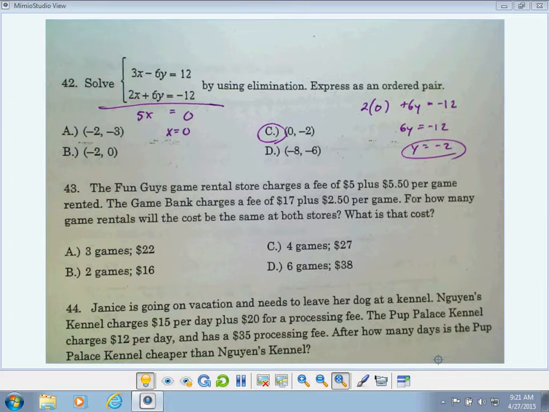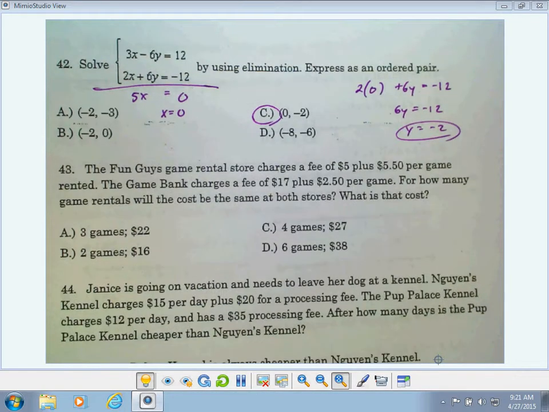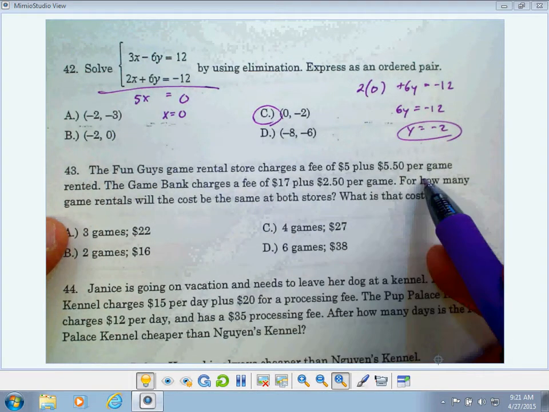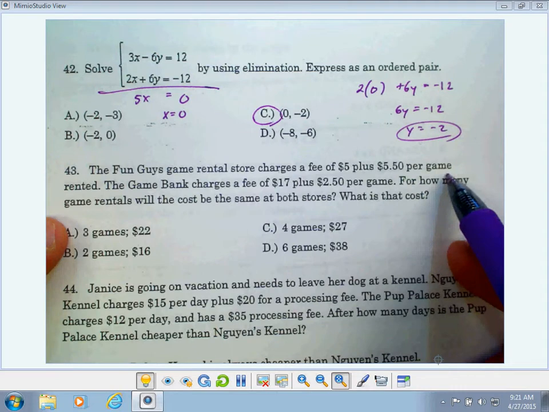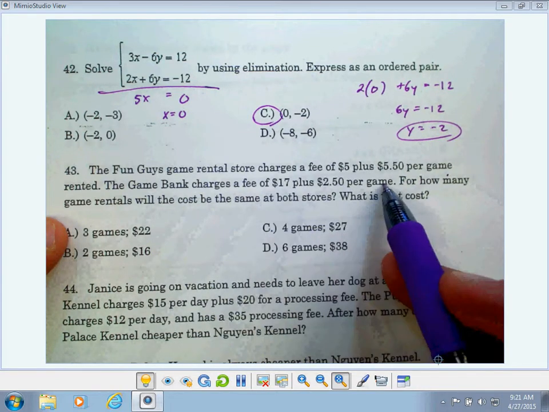Alright, so then we get to 43 through 45, which I'm guessing are the hardest ones. They're going to make us write equations for both of them. So now instead of writing one equation, we're writing two. It says, Fun Guys Game Rental Store charges a fee of $5 plus $5.50 per game. A different store charges $17 plus $2.50 per game.